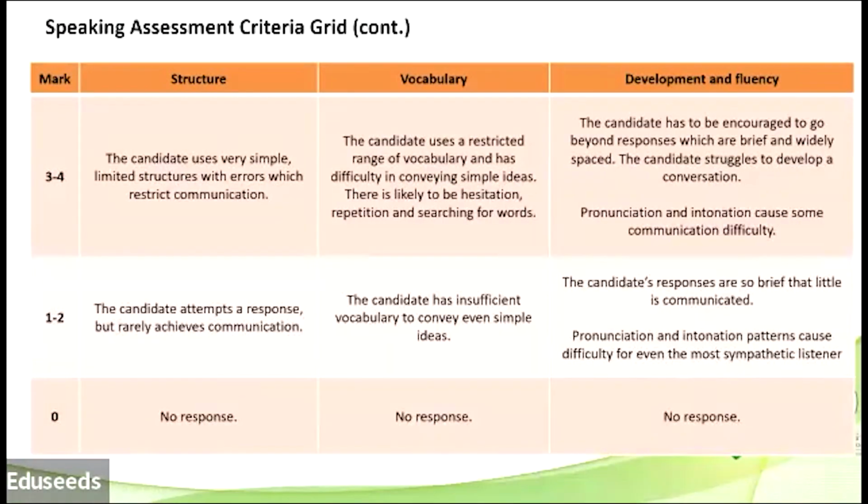So this slide shows the lower range of marks. So if a candidate is getting 3 to 4 marks for structure, they have used very simple limited structures. Their vocabulary is restricted with a small range, difficulty in conveying simple ideas, and likely to hesitate or to repeat certain words or always be thinking to search for words.